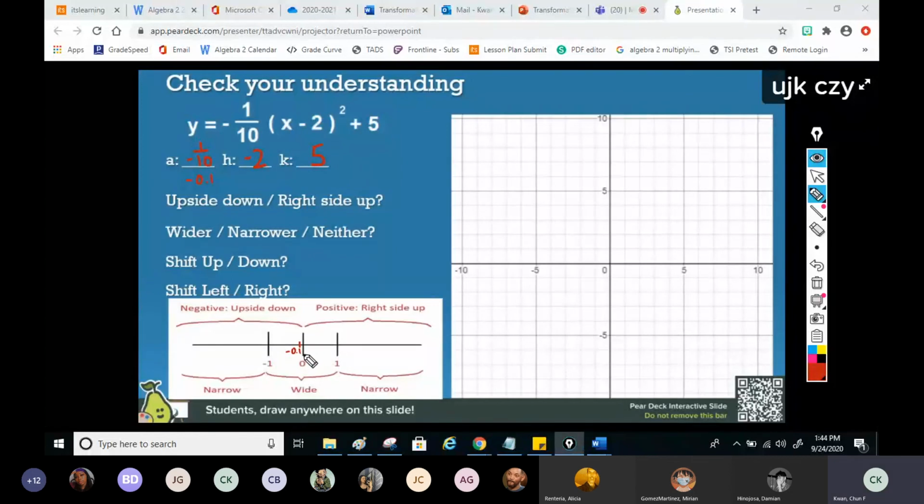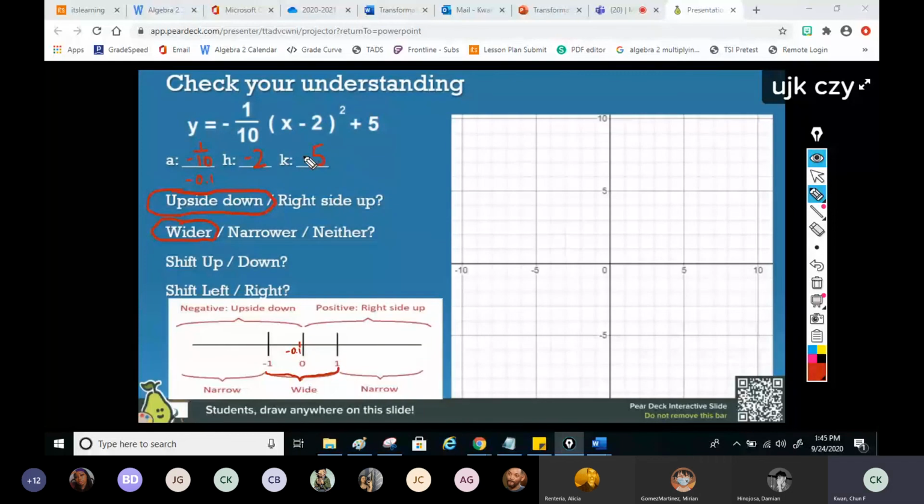All right, so this tells me two things. The first is it is upside down because it's a negative. And then it is wider than the original because this is in between -1 and +1. All right, and then this part is a part that we need to talk about, okay? So people, please pay attention.